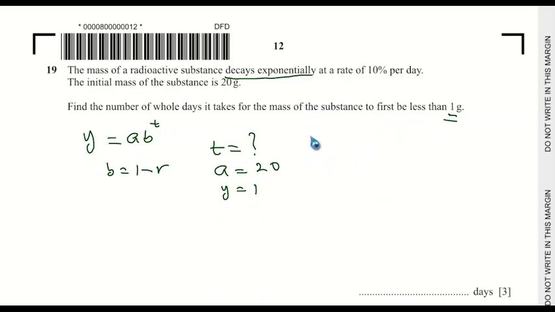And the rate r is 10%, which is the same as 0.1. That is the rate. So we can say b equals 1 minus 0.1, which equals 0.9.